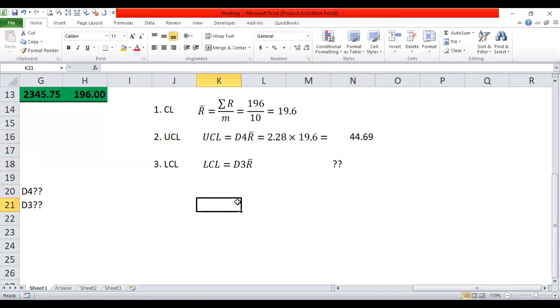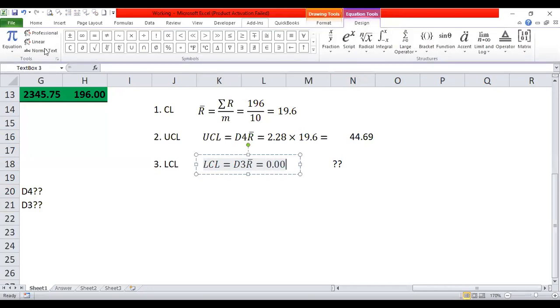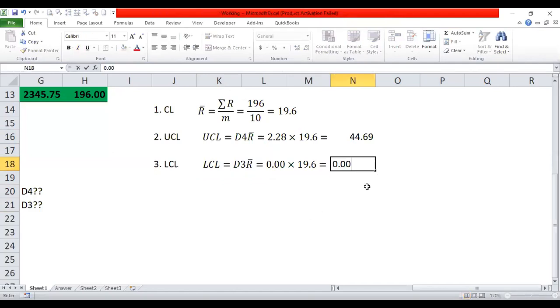Okay. So then lower control value is equal to D3, which is 0.00, into R bar 19.6, equal to 0.